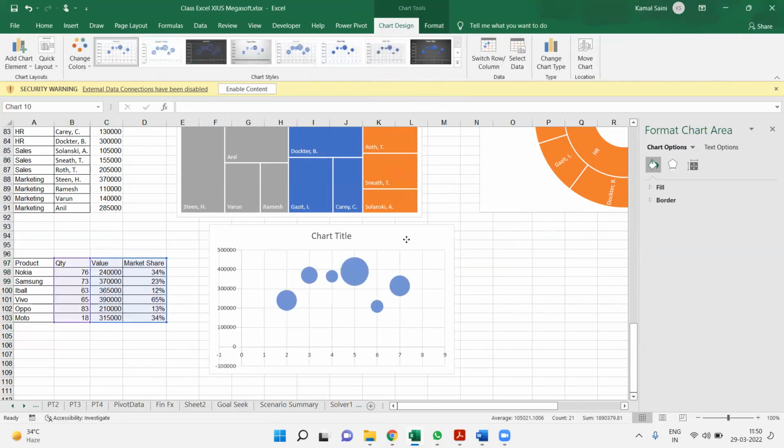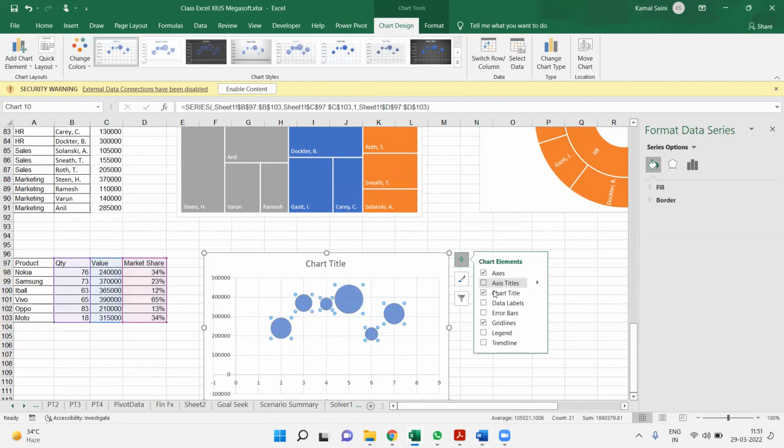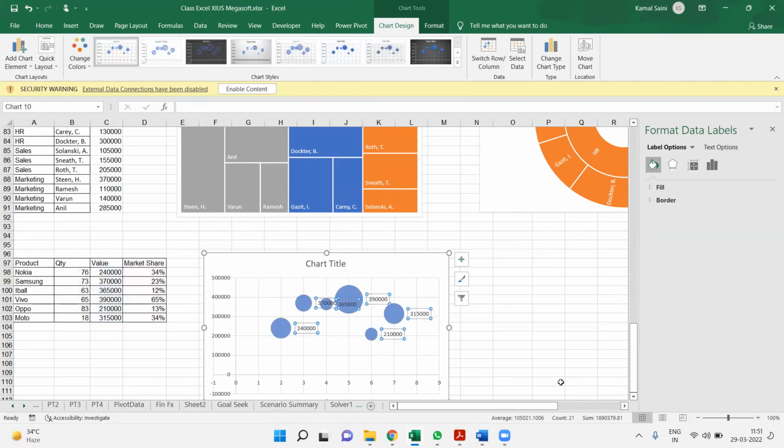Now size represents the share, basically. You can see that. If you want the values on them, we can always get this. We can go to data labels and choose them according to our choice.